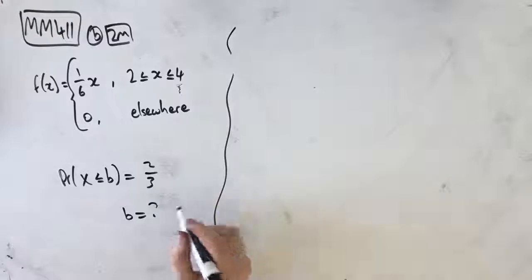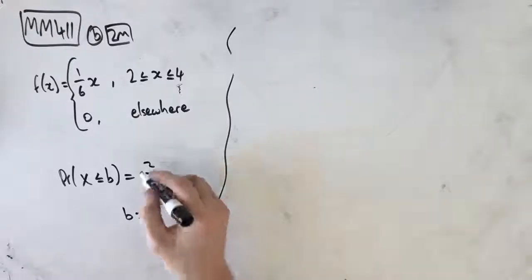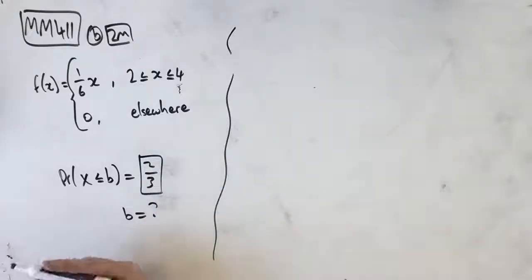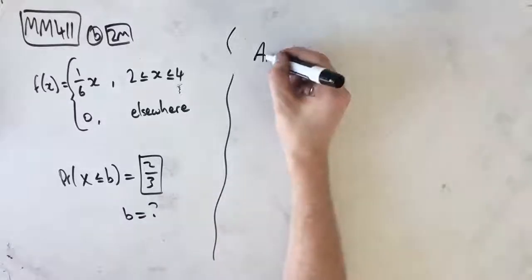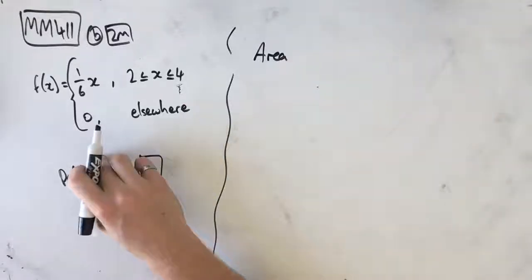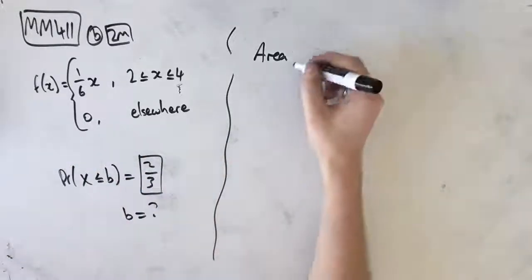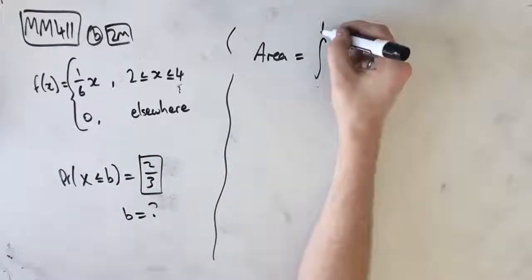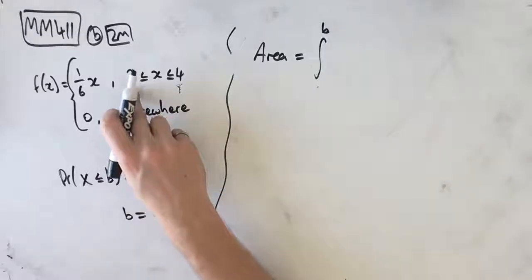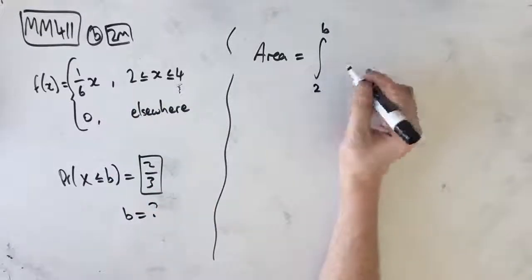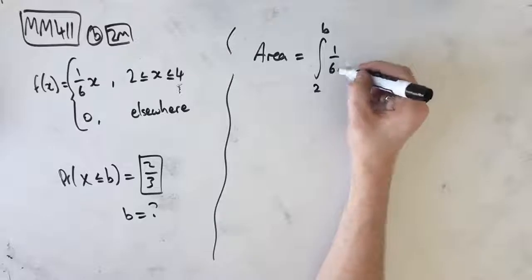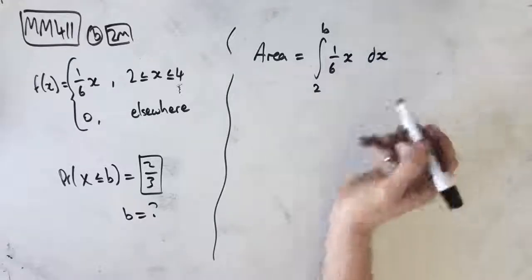Okay. Now, the important thing to know is that this 2 on 3 is our probability, which is also our area. Okay, so this is the area from less than b, right? So if we're looking at everything less than b, that means that our upper bound is b, because it's everything less than that, and then our natural lower bound is 2, because that's the lower bound of our function of 1 on 6x dx, right?